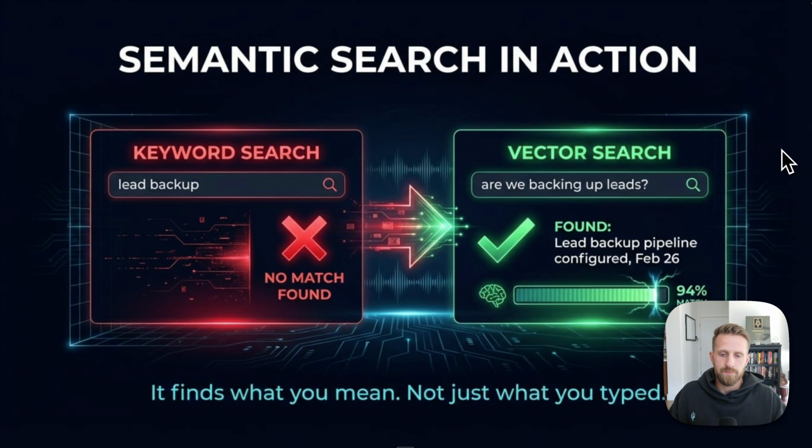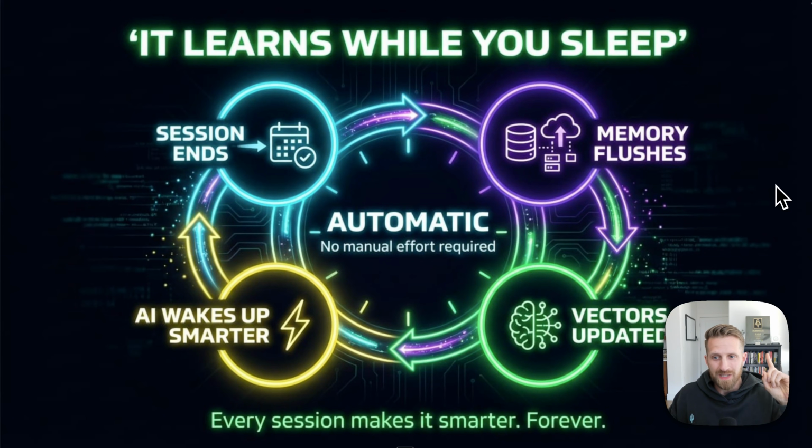If you want to boost up your memory and recall with your agent, on top of that we are going to level up the memory even more, because why not? I came up with this to get the memory to flush and the vectors updated, and it's going to do it on autopilot. So you don't have to manually remind it, like, dude, update your memory.